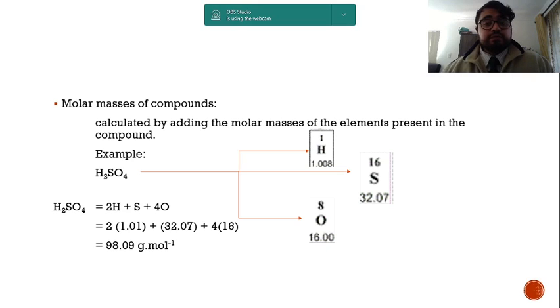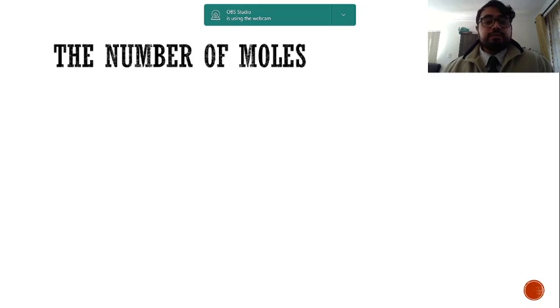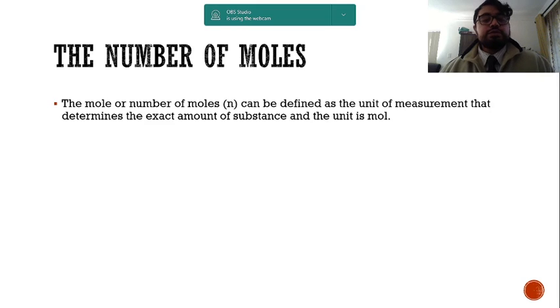Now we're going to move on to the number of moles, or the mole concept. The number of moles can be defined as the unit of measurement that determines the exact amount of substance. We're going to stop there and analyze that statement. What this means is that it gives us an exact amount of how much of a substance is present.